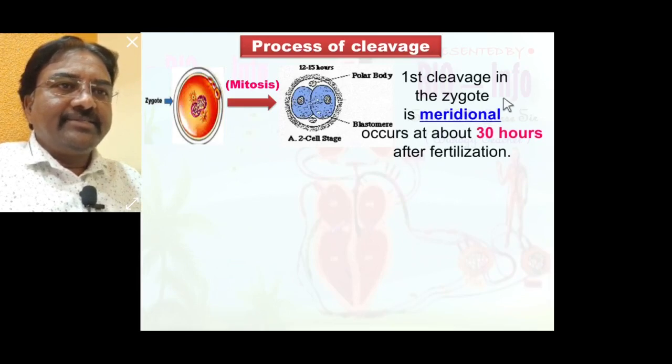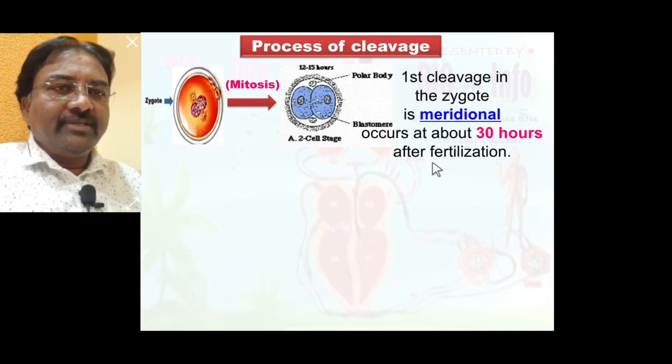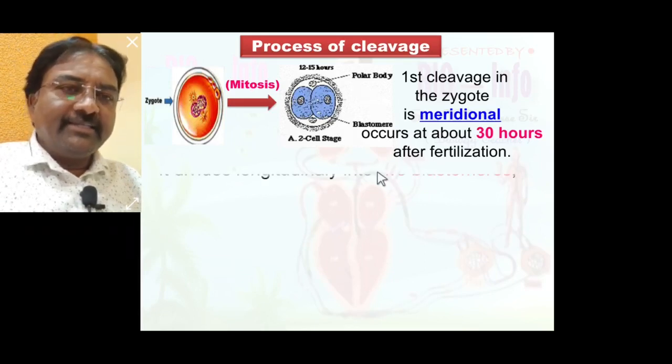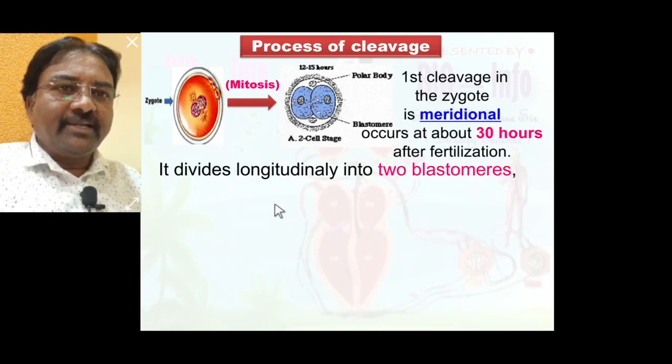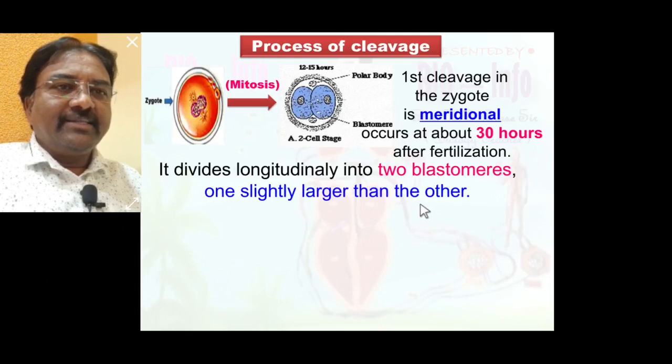The first cleavage in the zygote is meridional and occurs about 30 hours after fertilization. Note this point. The zygote divides longitudinally into two blastomeres, and one is slightly larger than the other.